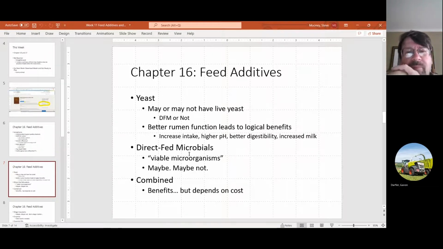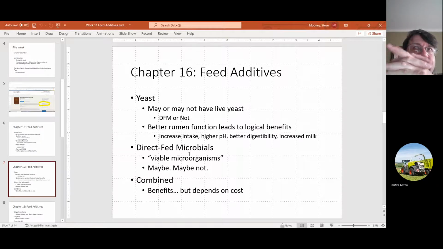Yeast, when you're thinking about it, you have to discern between the live yeast, which has a different effect or approach than the dead yeast. A lot of industries, like beer and soy sauce and all those things that use yeast, or at least a version thereof, will cook their products so the yeast aren't alive.